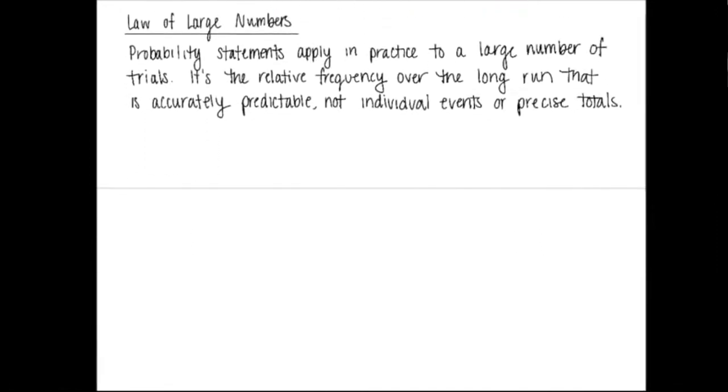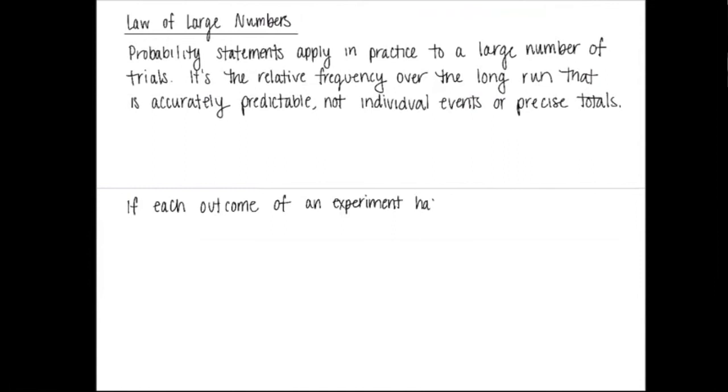So predominantly, we're going to be working with equal chances, though. We're going to assume everything is equal. So if each outcome of an experiment has the same chance of occurring, we say the outcomes are equally likely.